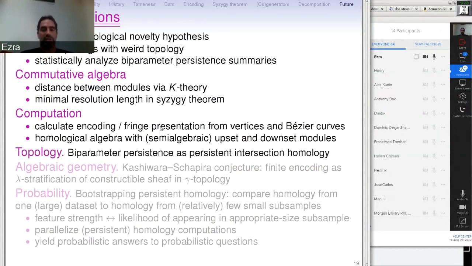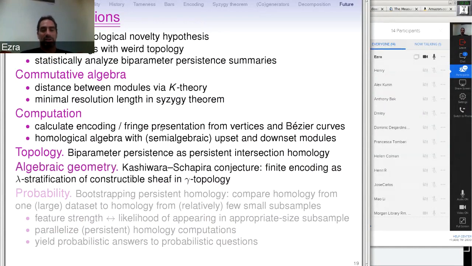Okay, and topology, so this biparameter persistence of the wings. Don't think of the probability distributions, but of the wings. What we're really doing is persistent intersection homology. That's intersection homology where you disallow interactions of vertices and edges, but we're doing it in a multi-scale kind of way, and it should be made precise that that's exactly what we're doing.